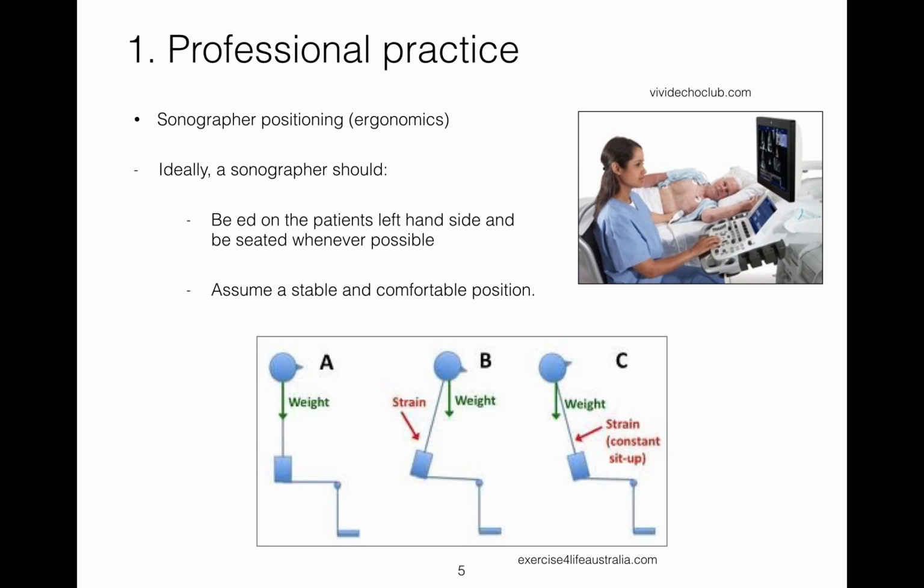Firstly, a review of some of the essential aspects of professional practice. As mentioned in the Practice of Cardiac Sonography Lecture 1, it's important to adopt a well-balanced, stable and comfortable imaging position for every patient. Ideally, a cardiac sonographer should be positioned on the left-hand side of the patient and be seated wherever possible.